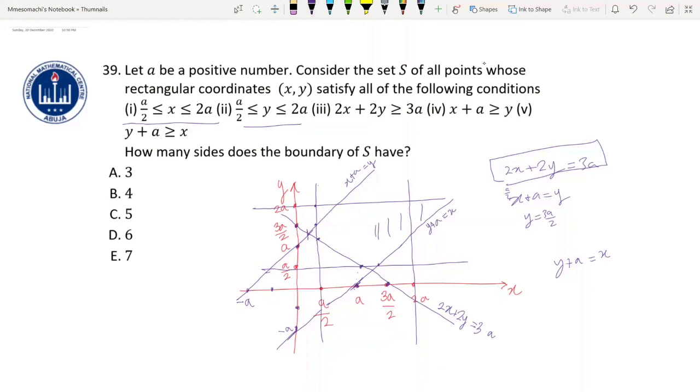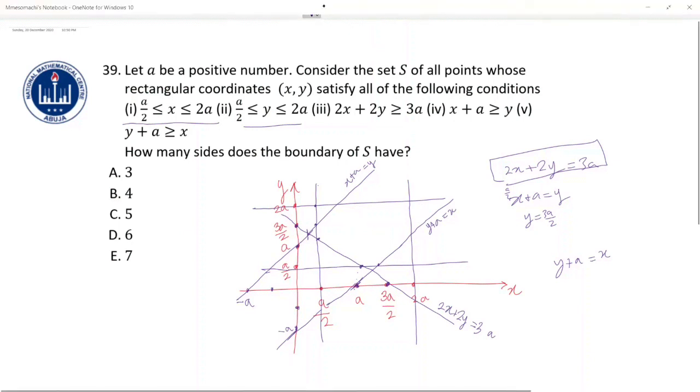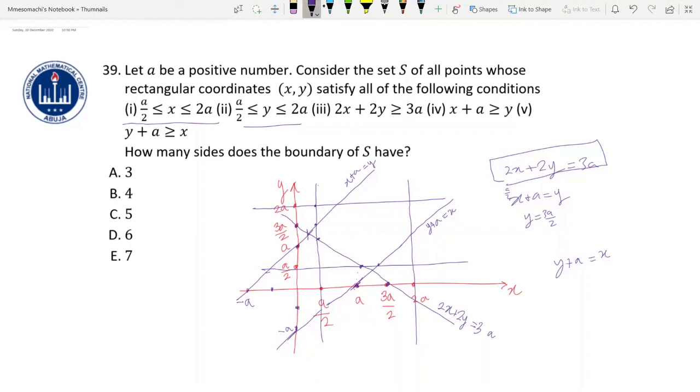And so there we have it. Let me outline the shape we have, the shape formed by the boundary of S. I'll use sky blue. Let's outline it.